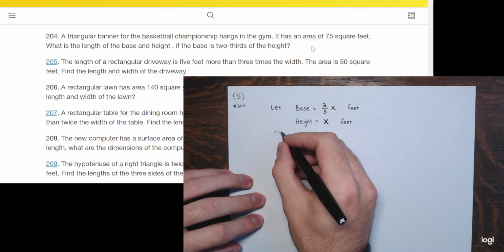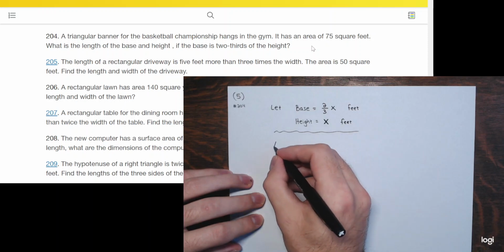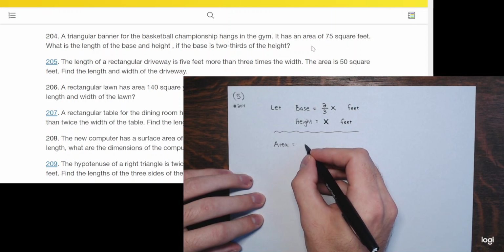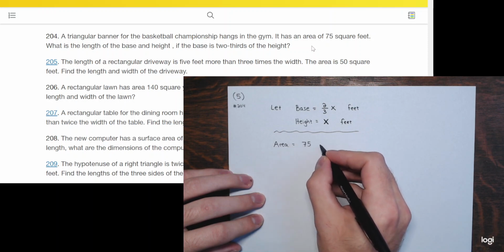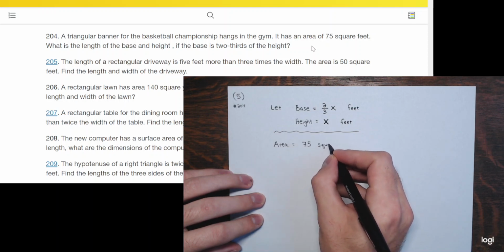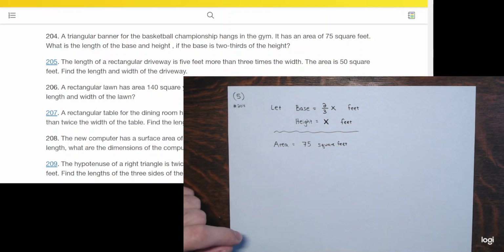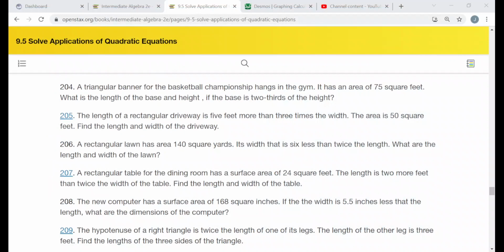And the information we were given is that the area of this triangle is 75 square feet. That should be enough to be able to solve this problem.